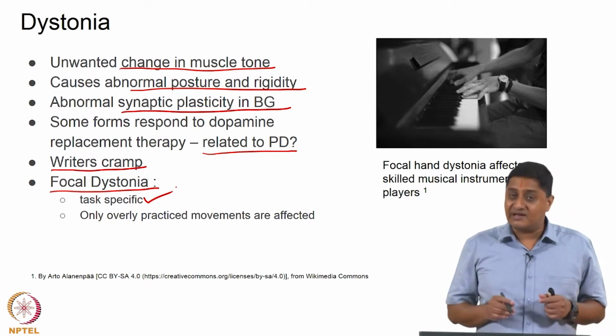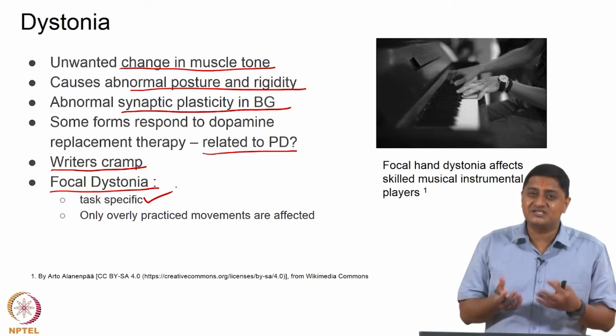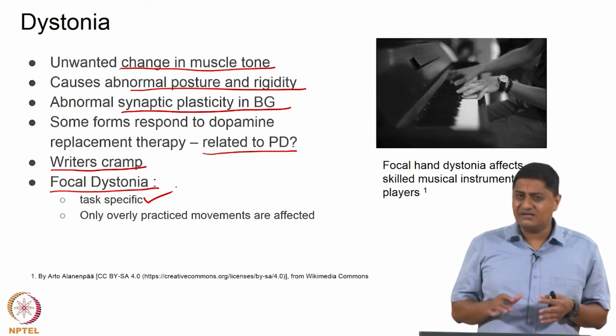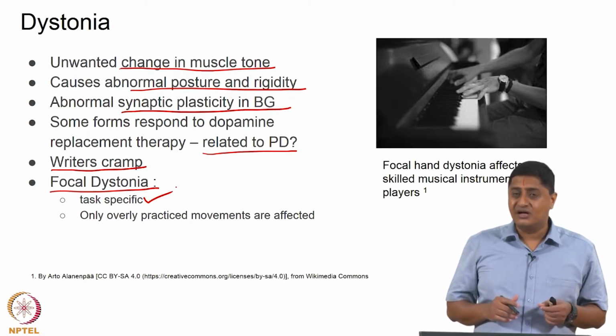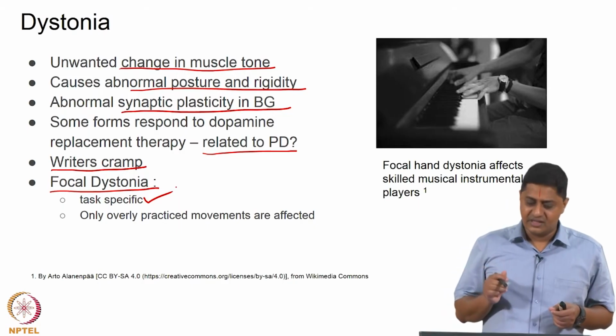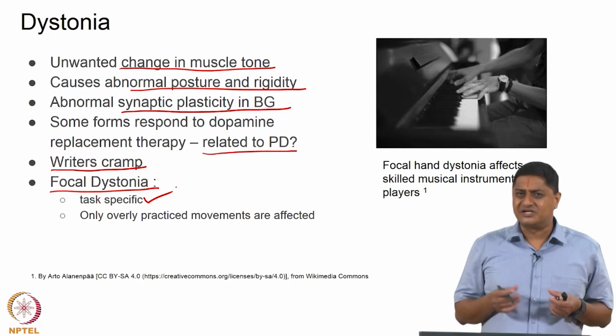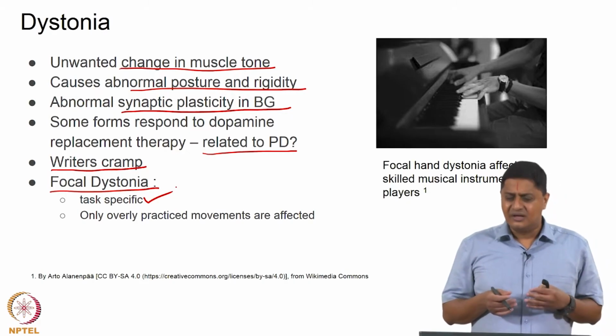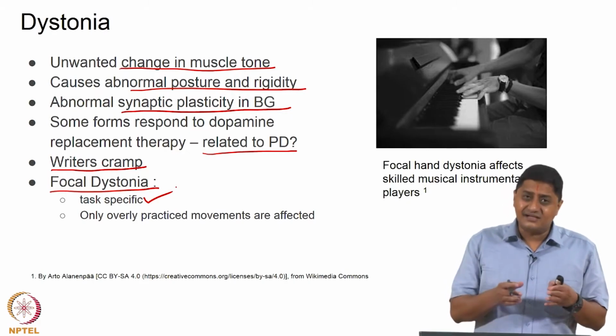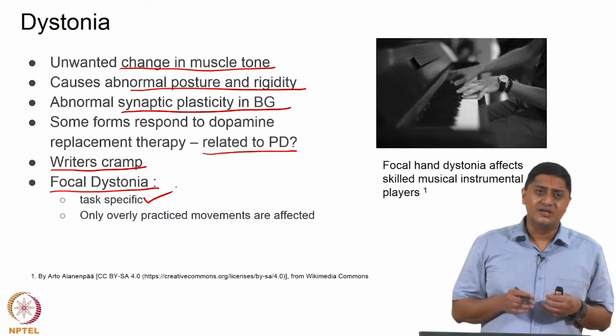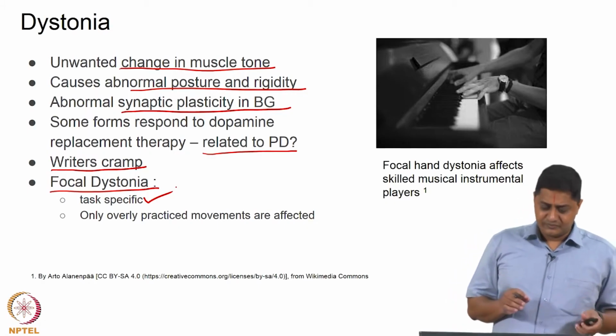This is called musician's dystonia. It is a relatively rare condition, but a debilitating one. There is very poor understanding of why this happens, what the details are, how to treat this, and the exact relationship to basal ganglia is also relatively poorly understood.